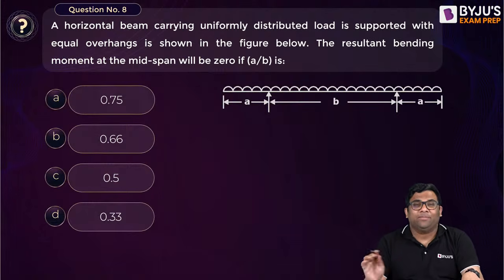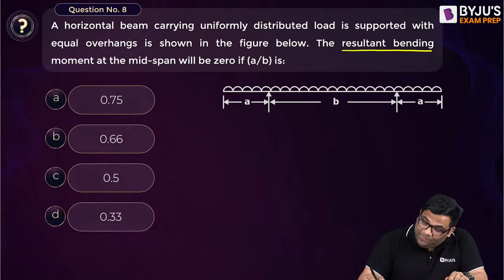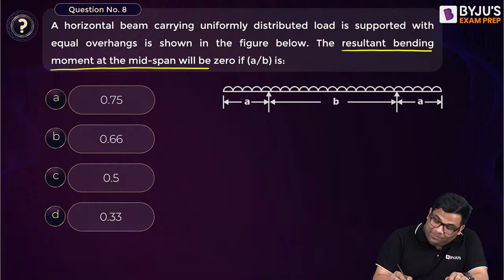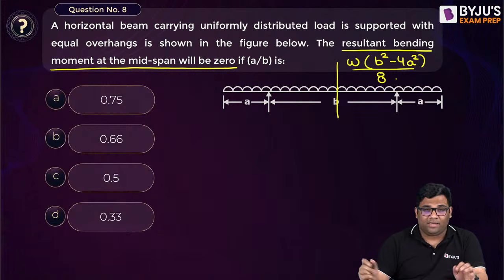Now answer this. It's similar to that, but there is a difference. The resultant bending moment at the midspan will be 0. At the midspan we got the bending moment W(b square minus 4a square)/8.